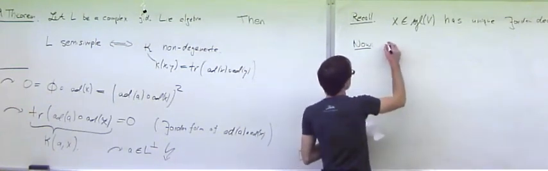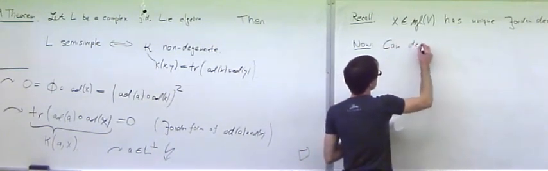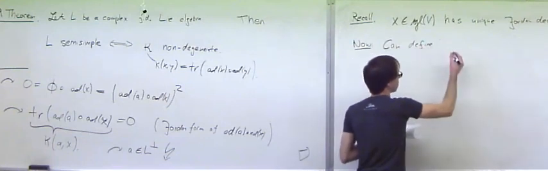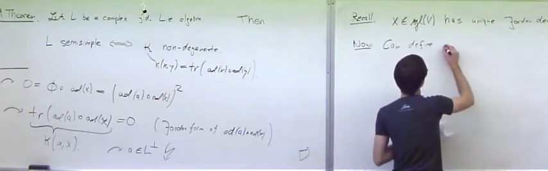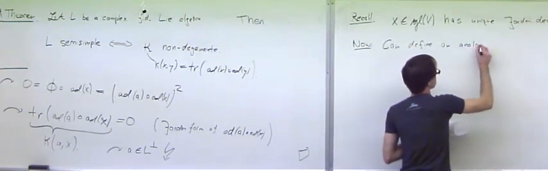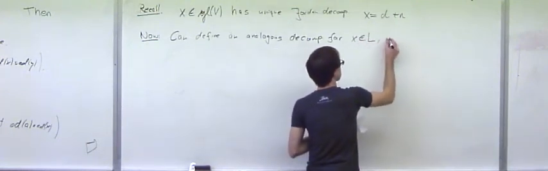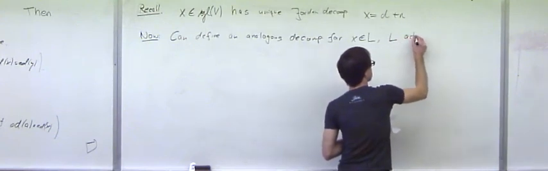But in fact, we can define an analogous decomposition for an element of an arbitrary semi-simple Lie algebra.